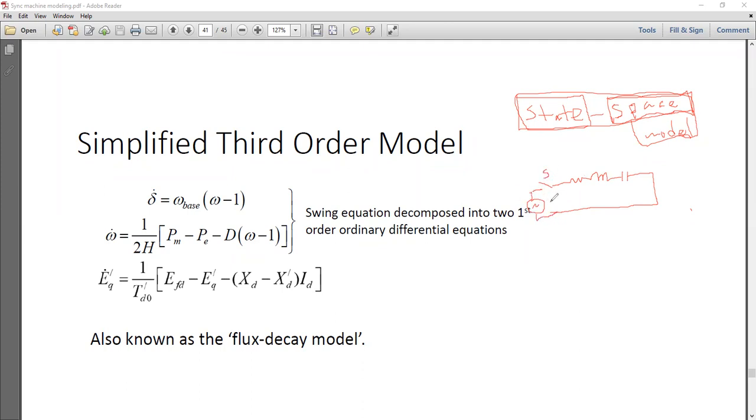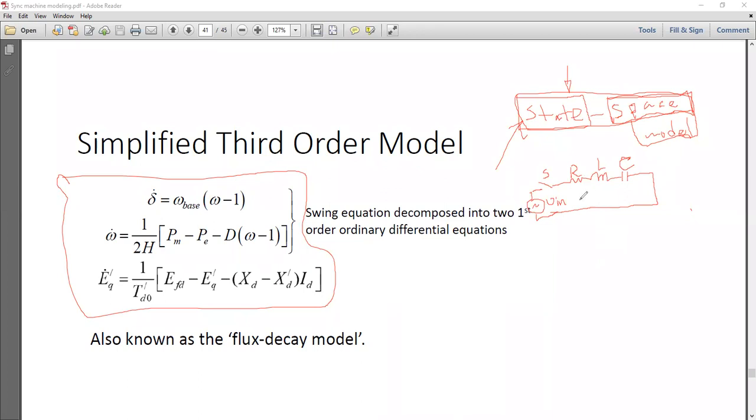Have you studied this? Yes, you must have. So let us try to establish the state space model for this network. Then we will be clear what we mean by state space model, because if we don't understand it, it would be difficult for me to proceed from here.